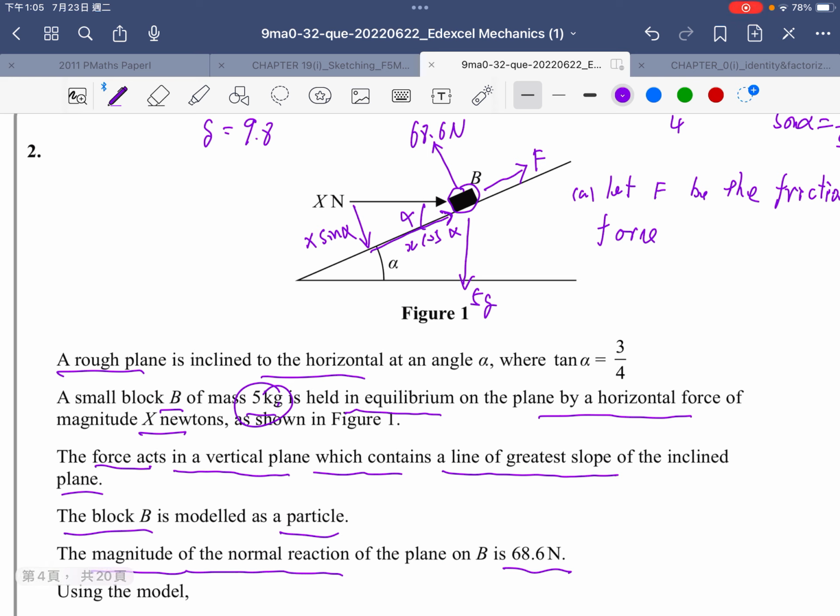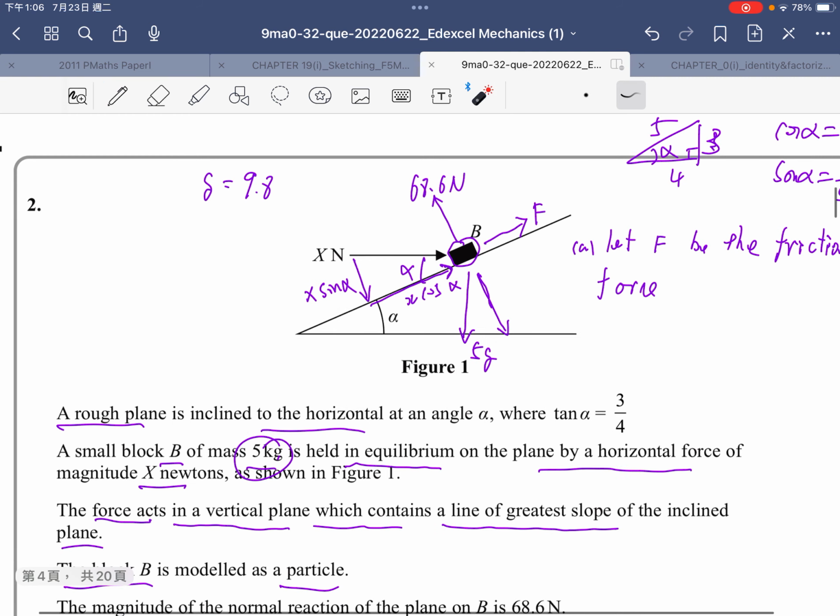This 5g can be decomposed into two directions. One direction is perpendicular to the plane, in the opposite direction of the normal force, and the other direction acts along the plane of the inclination. Here this is alpha.